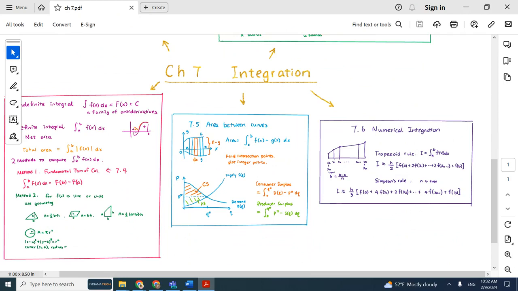We integrate that. And producer surplus is the price, the upper function, minus the supply. Yes, everybody? And then we talk about numerical integration, the trapezoid method and the Simpson's method. So not a lot, right?